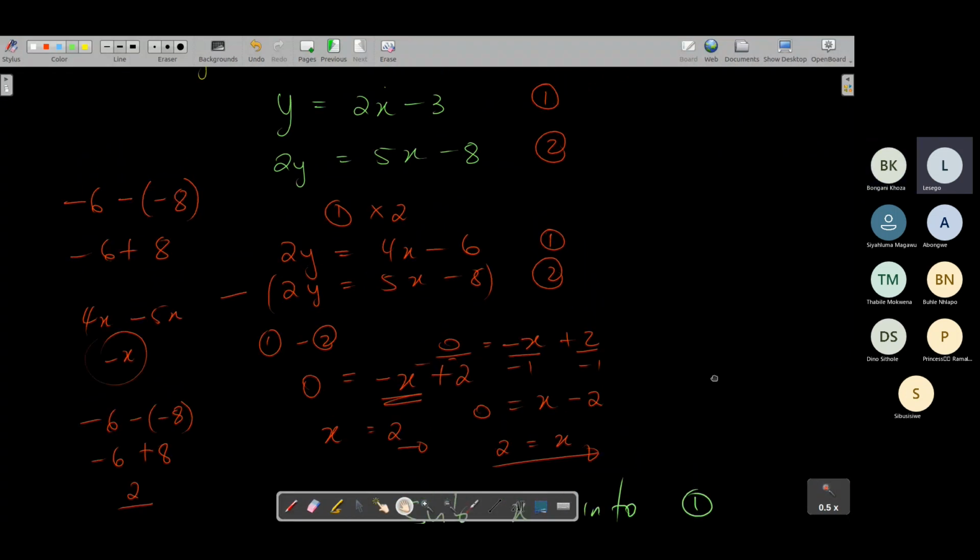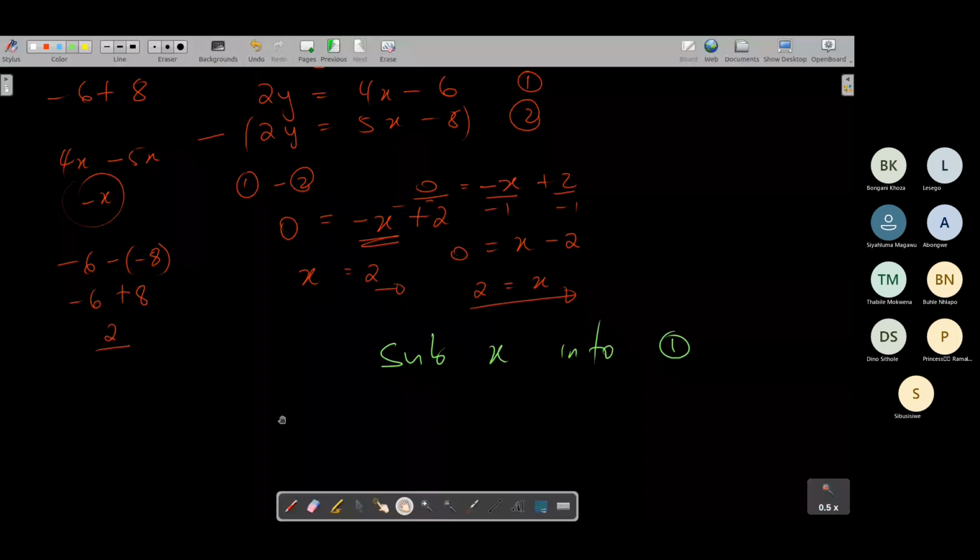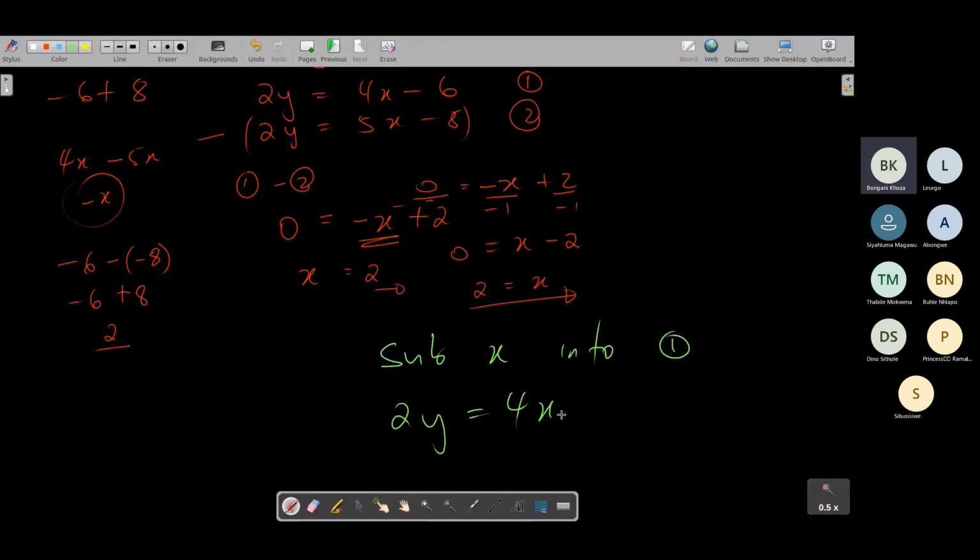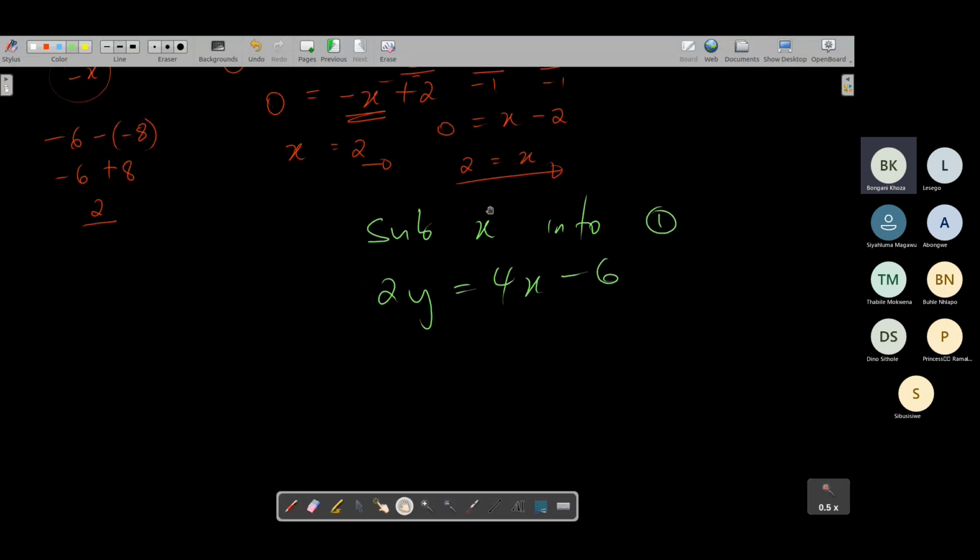So it's 2y equals to 4x minus 6. If we're substituting, wherever we see x, we're going to plug in the 2. So here I'm having 2y equals 4 into 2 minus 6. This is me substituting now.